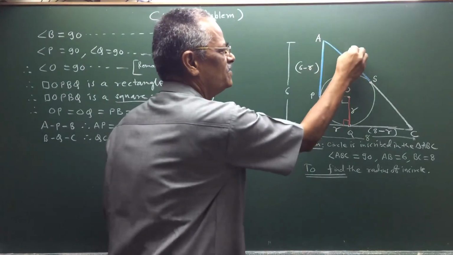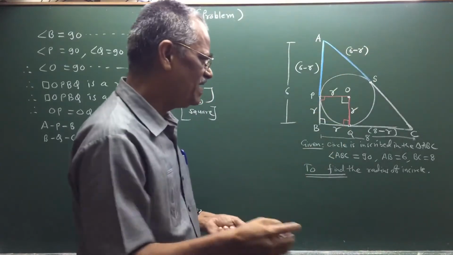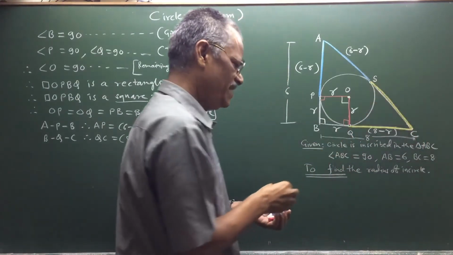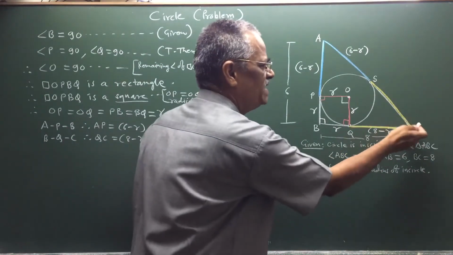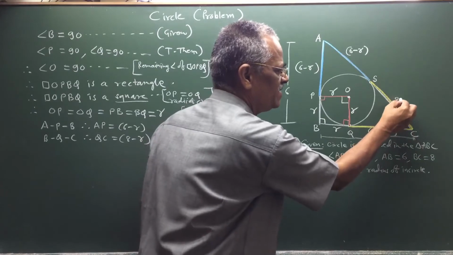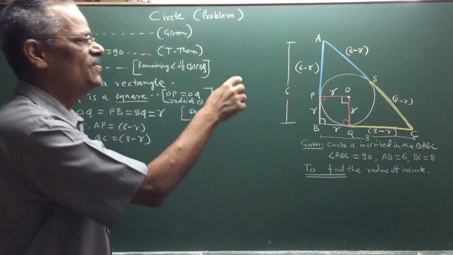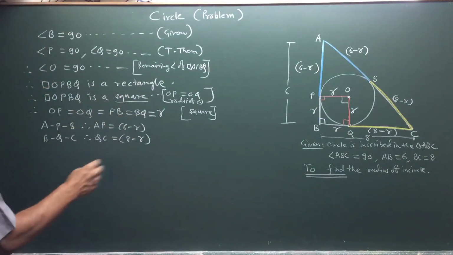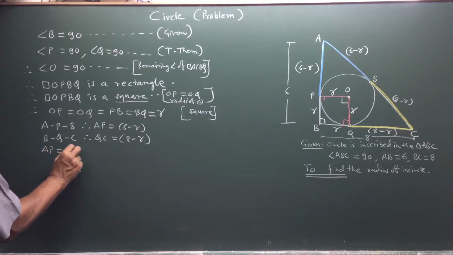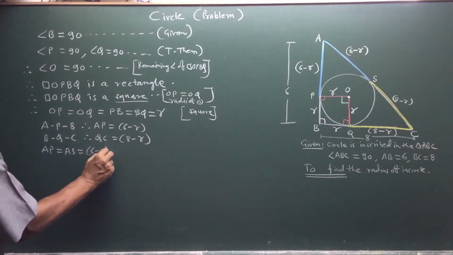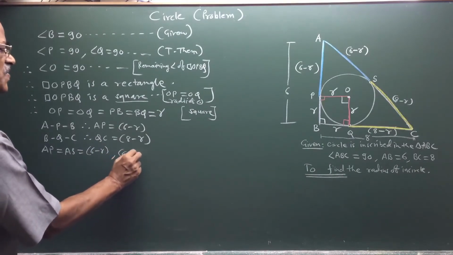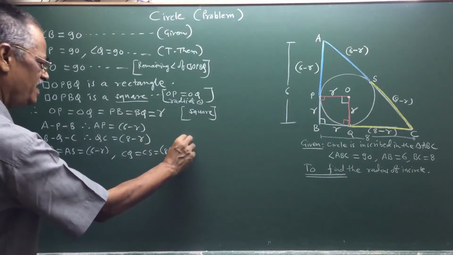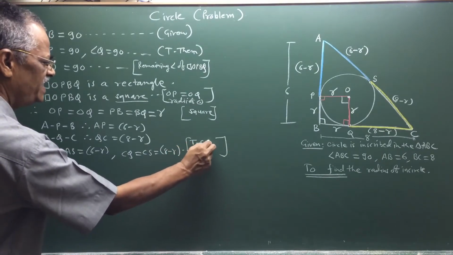AP and AS are equal, so AS must be 6 minus R. Similarly, the tangent segments from C, CQ and CS, are equal, so CS is 8 minus R. Reason: tangent segments are equal.